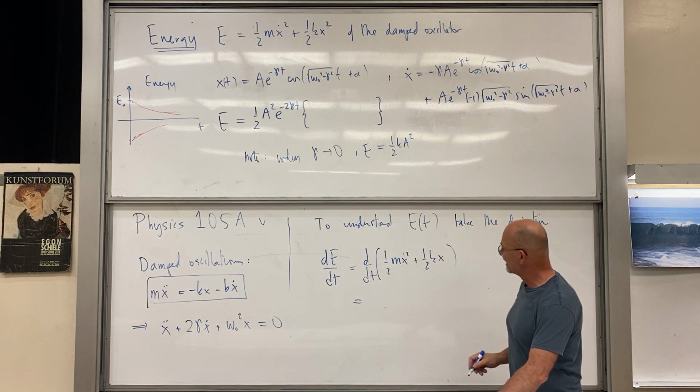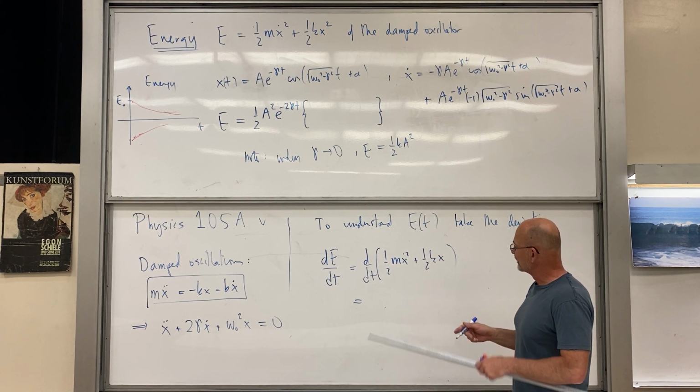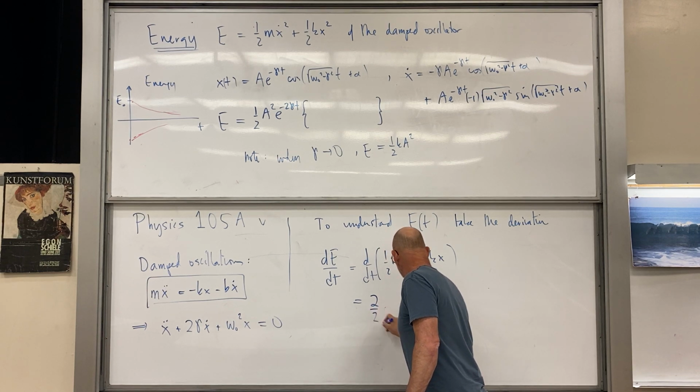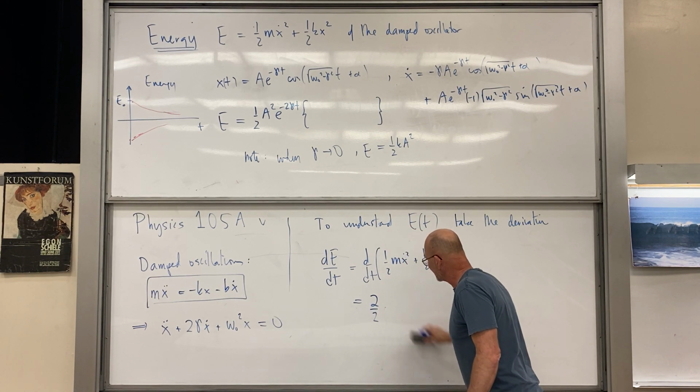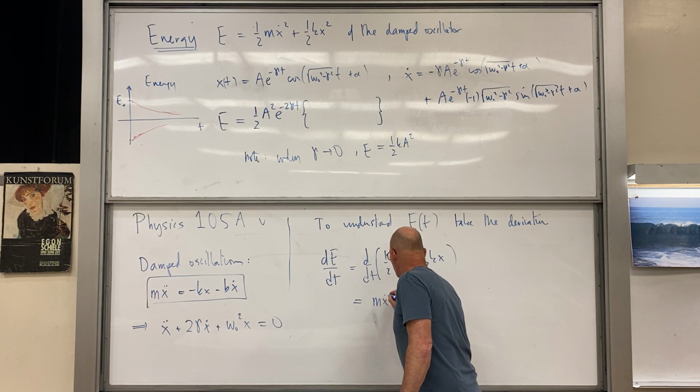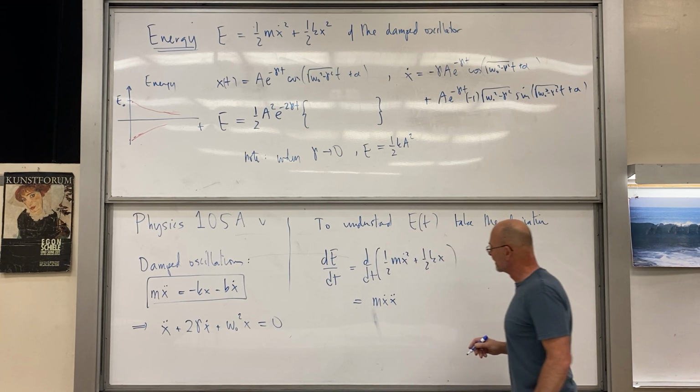So here we go. How can that help us? For 1/2 m x dot squared, the 2's cancel, so we end up with m x dot x double dot. Chain rule.